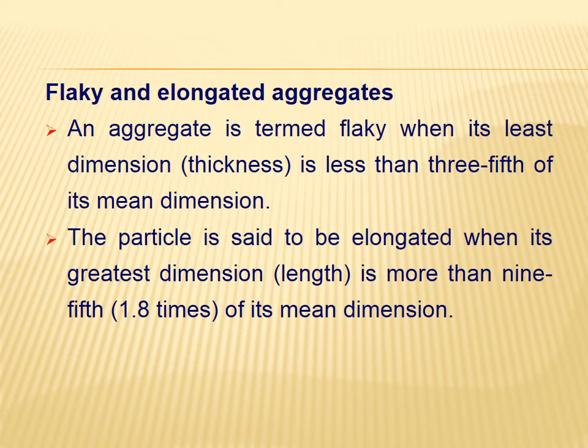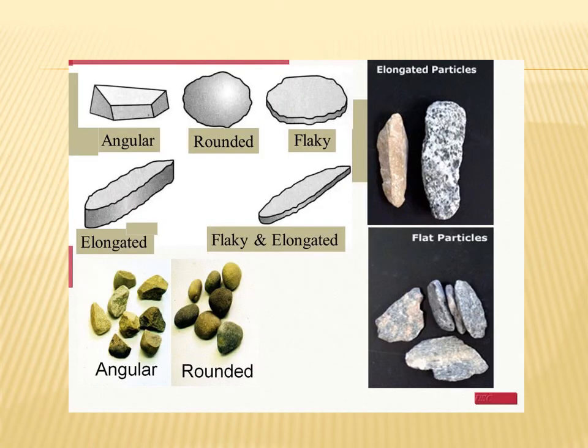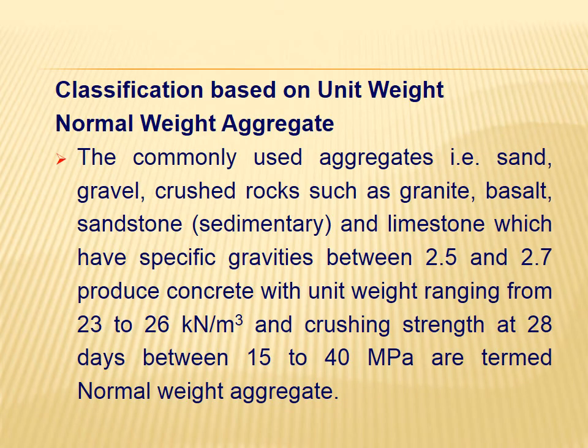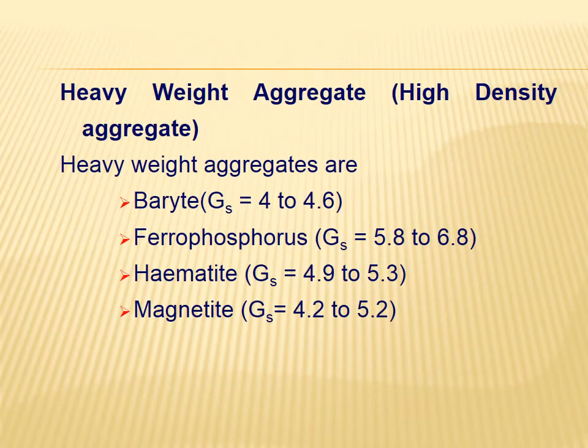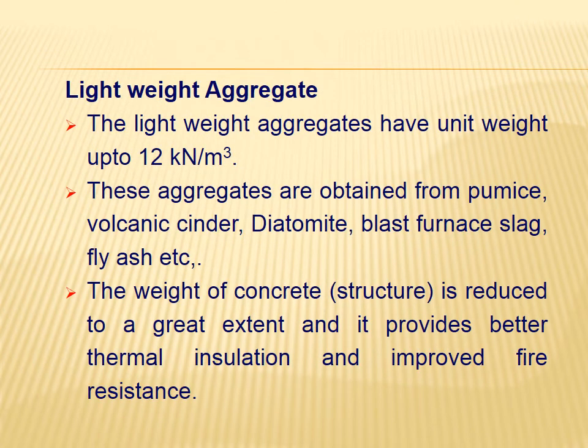I hope you have done this as an experiment in your construction materials lab. This is flaky and elongated aggregates. Depending upon its unit weight, it can be classified into normal weight, heavy weight and light weight. That's about the classification.